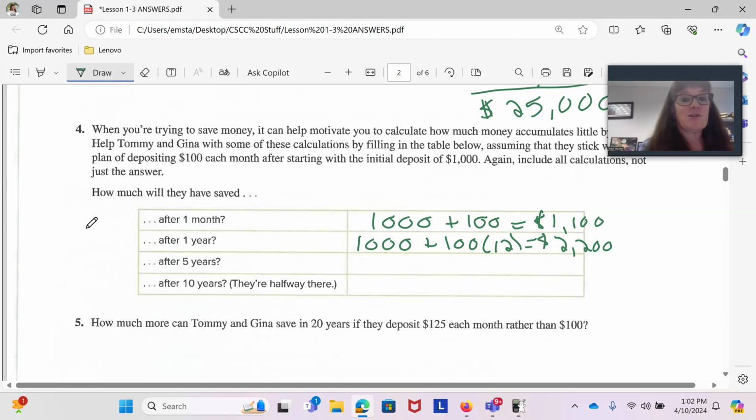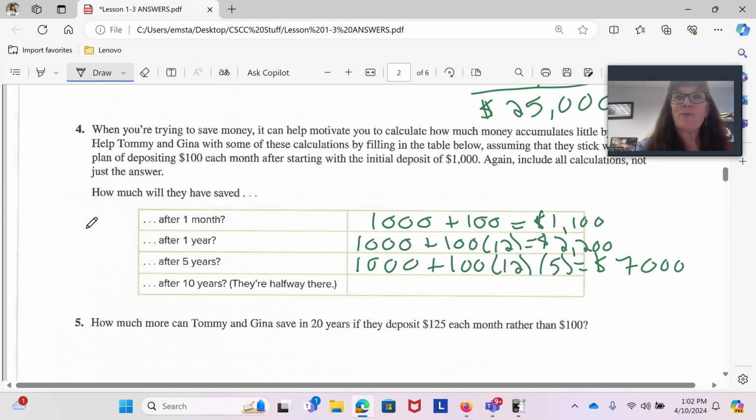After 5 years, we still start with that initial $1,000 plus $100 times 12 months, but now I need to multiply that by 5 years, which gives me $7,000.